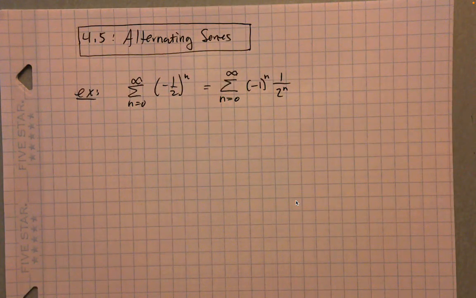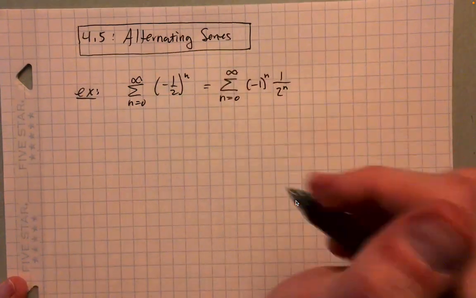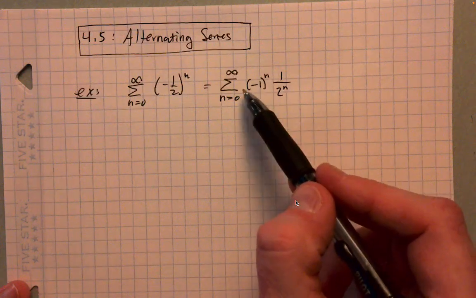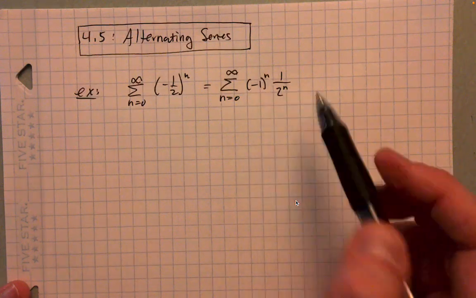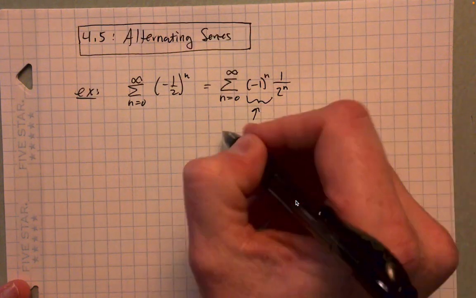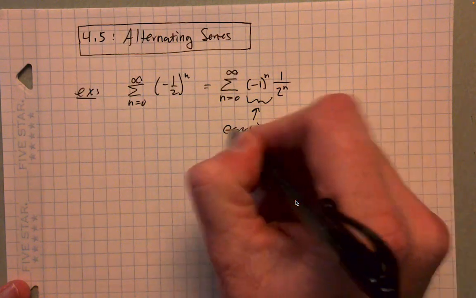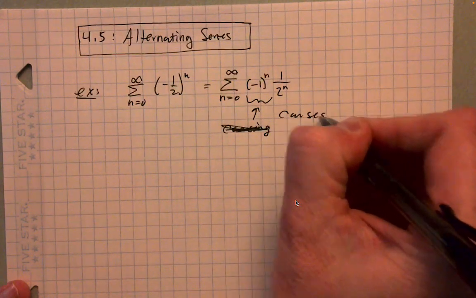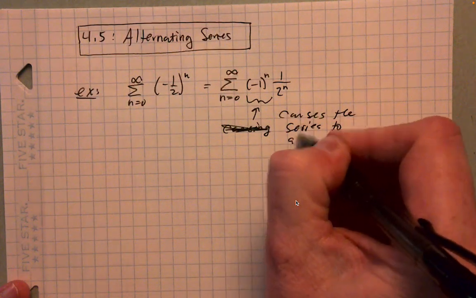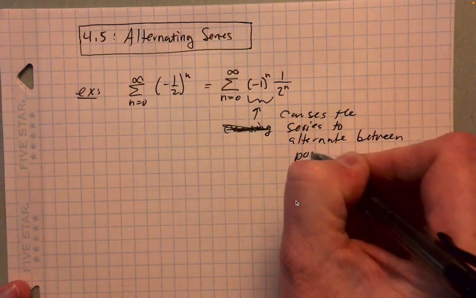As you can probably see, or if not, you can easily see when I point it out, this series is called alternating because of this negative 1 to the nth power factor. This piece here is what causes the series to alternate between positive and negative values.